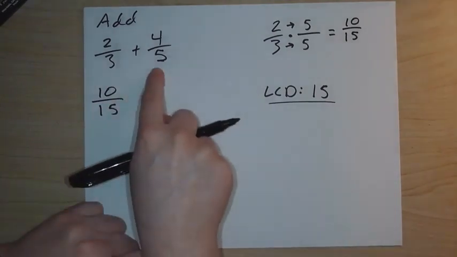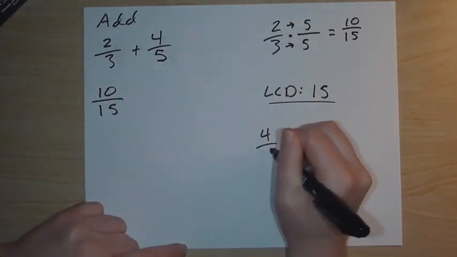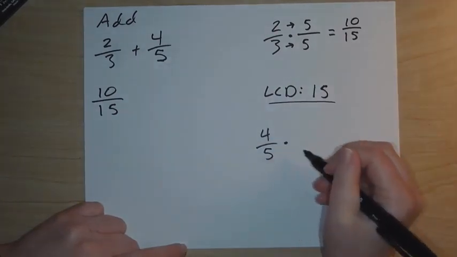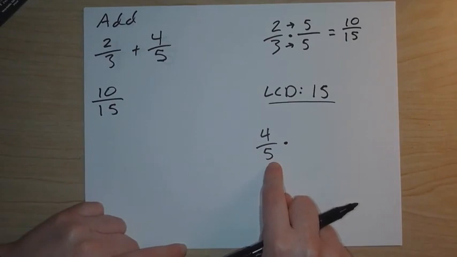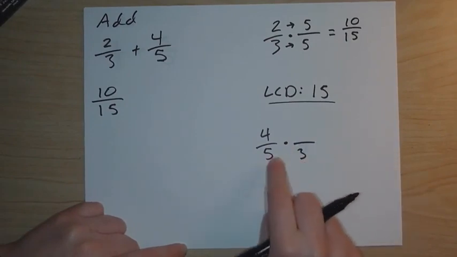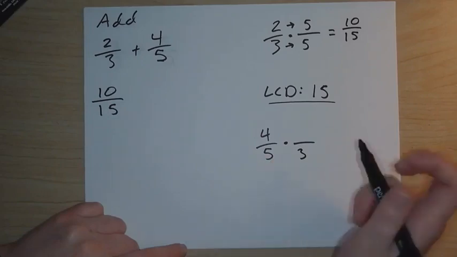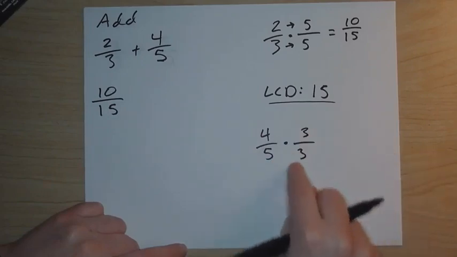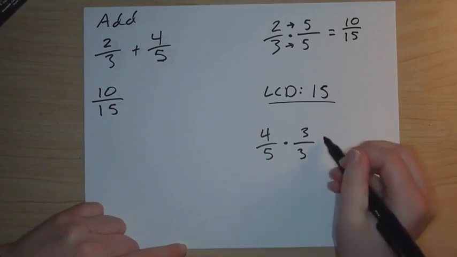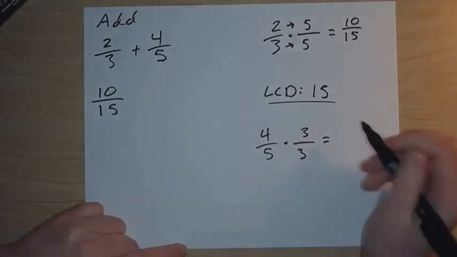So now I'm manipulating 4/5. We want the bottom to be 15. We know that 3 times 5 is 15. So we're going to multiply 5 by 3, but we don't want to change the value of 4/5, so we need to make this fraction 1. So 3 divided by 3 is 1, so it won't change the value of 4/5.